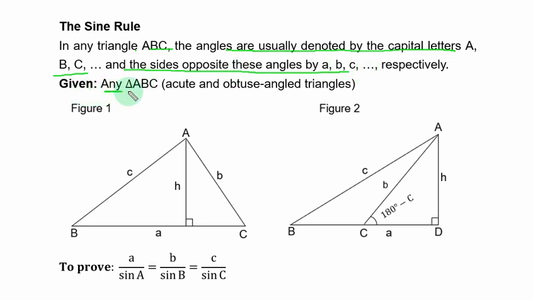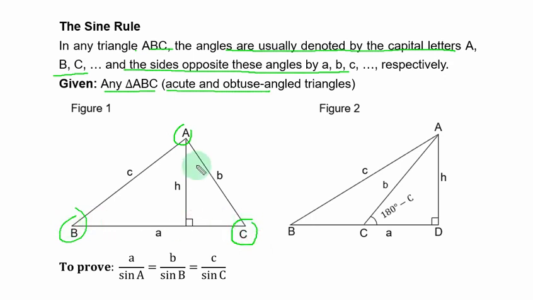Given any triangle ABC, acute and obtuse angled triangles, we have figure 1 and figure 2. In figure 1, the triangle has three angles denoted by capital letters A, B, and C, as I have just said.